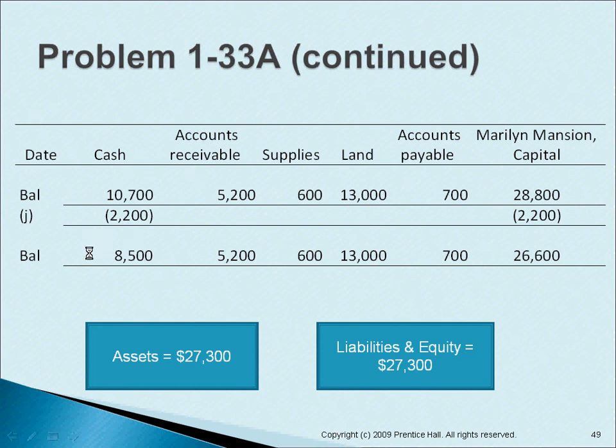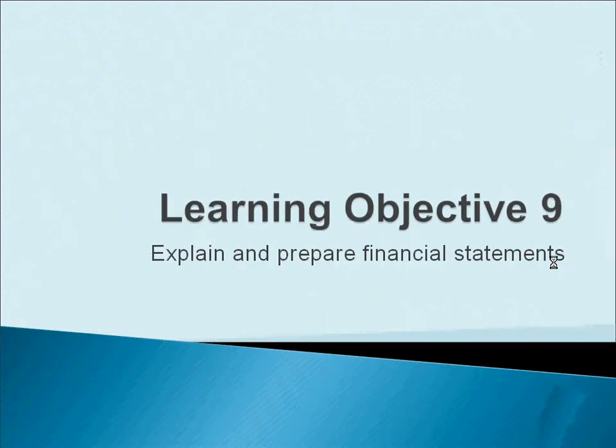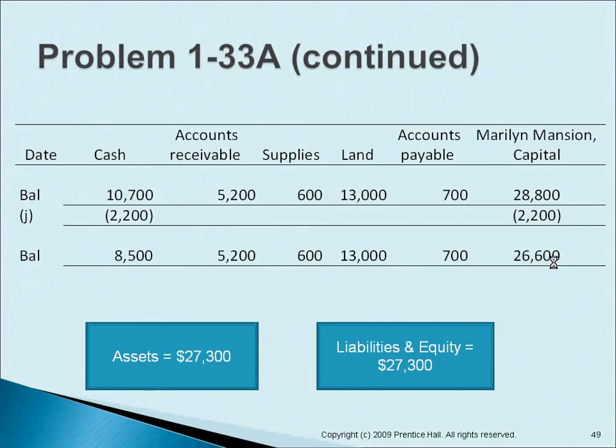That's right, his capital will decrease by $2,200. So after transaction J, our assets total $27,300, our liabilities and equity add up to $27,300. The accounting equation is still in balance.